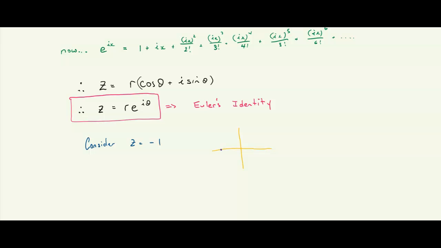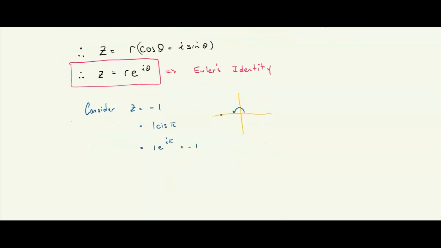Now we could write that in mod arg form as 1 cis pi, pi being my argument, and the 1 not necessary. Let's write it using Euler's form. We could write it as 1 e to the i pi. So z equals 1 e to the i pi, and z is -1. So I could write this equals -1.